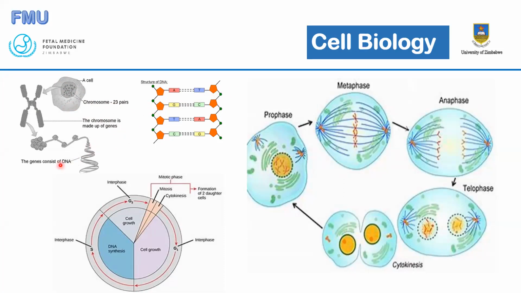Of course, they are embedded in proteins, but the chromosome is a double helix made up of the adenine, thymine, guanine, and cytosine nucleotides. So they are paired: adenine pairs with thymine, guanine pairs with cytosine. So this arrangement should follow a normal pattern in a human being.